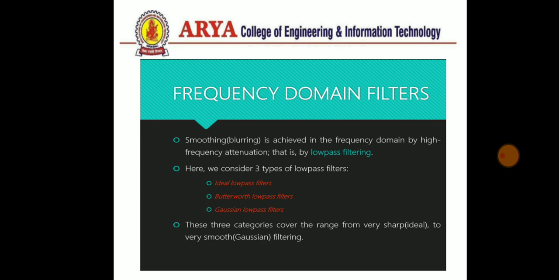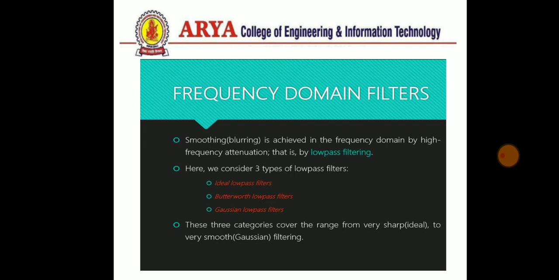In frequency domain filters, as we have already discussed, there are two processes: the first is smoothing of the signal, and the second is sharpening. Smoothing filtering is about recovering the blurred image to get a clear vision of the image. This is done by using a filter known as the low pass filter.